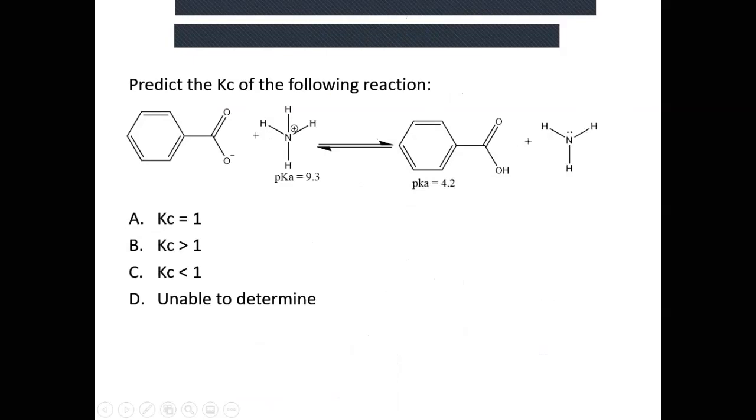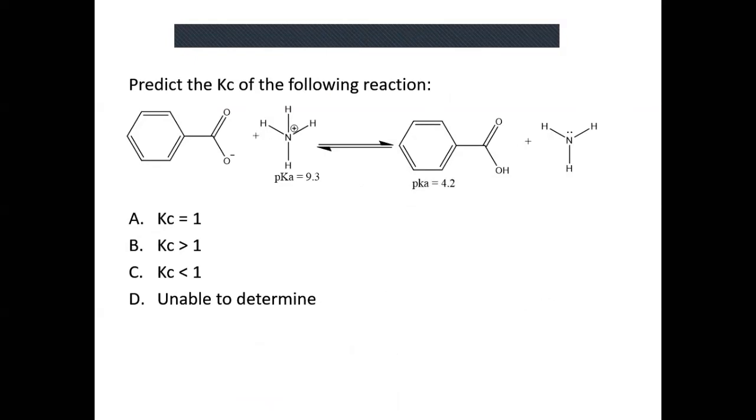So here we have this reaction. We want to predict the value of Kc in this. So when we look at this, we need to determine which side has the stronger acid, because it's always going to go from strong to weak. And in this case, I give you the pKa's.